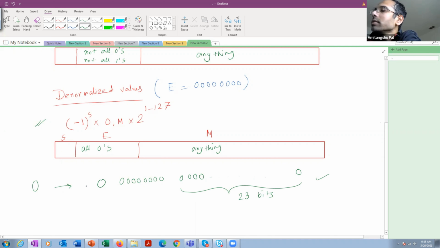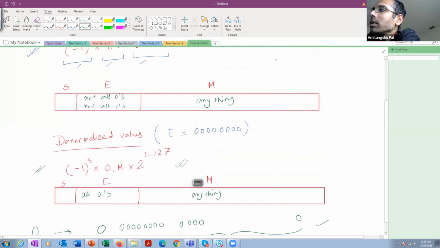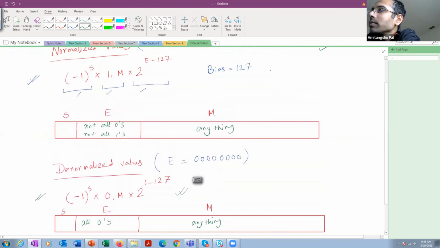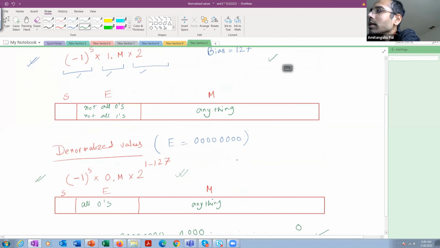Basically, all zeros represents zero, and this goes with our intuition that when the number is 0, all the bits are 0. So using the formula of denormalized values, we can represent 0, which was not possible using the formula corresponding to the normalized values. Here also 127 is the bias term.